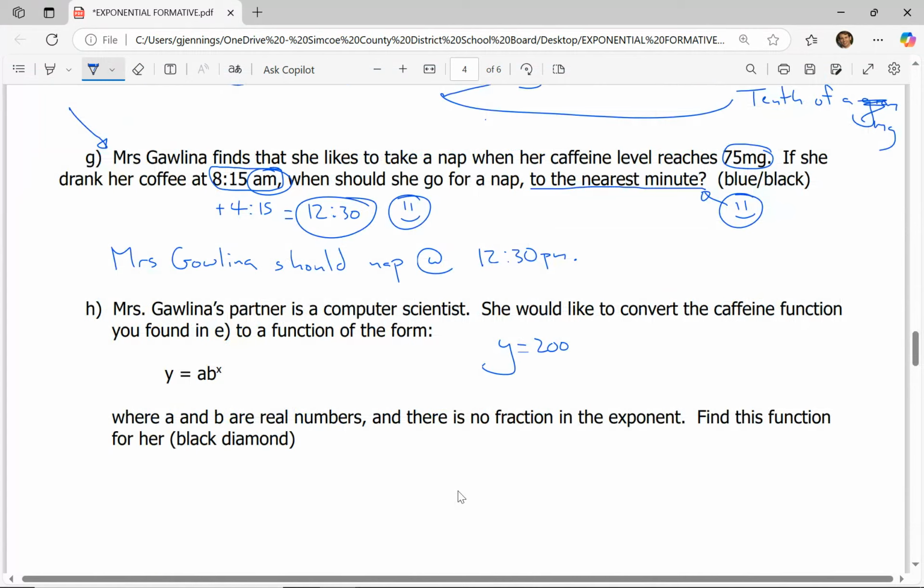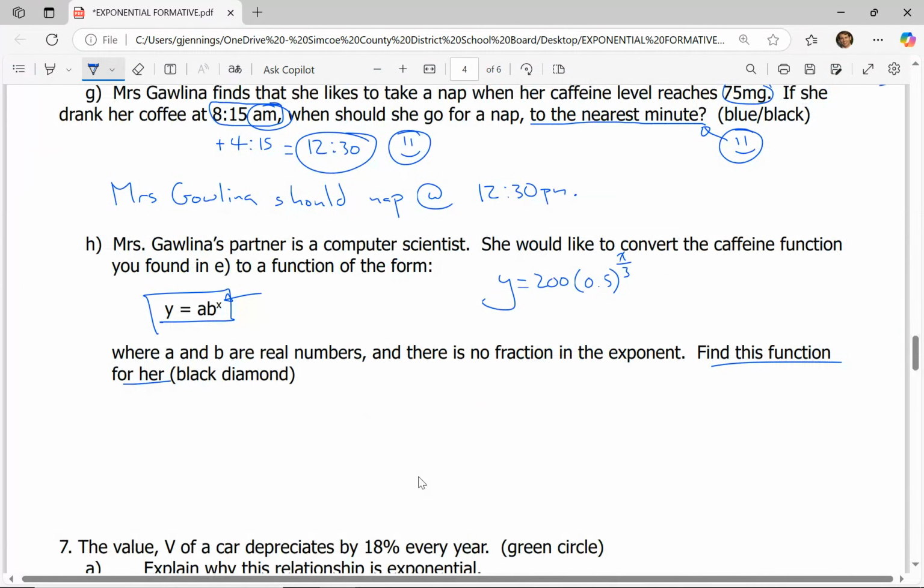Okay, no problem. All right, this is a black diamond, and it's just this easy. Watch this. Y is equal to 200 multiplied by 0.5 raised to the 1/3 raised to the x. We just bust this up. All right, and once we busted it up, that's just a number. We just evaluate that on a calculator.